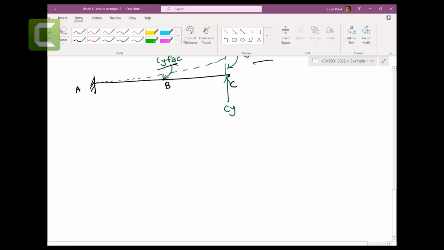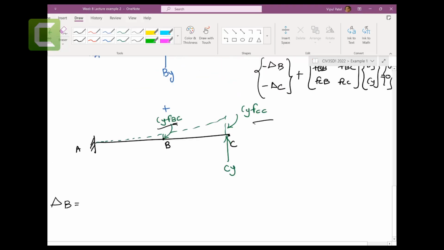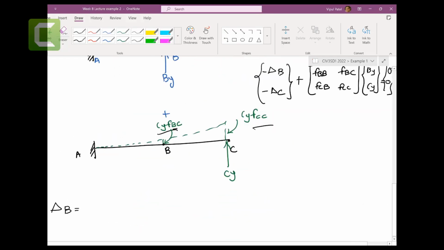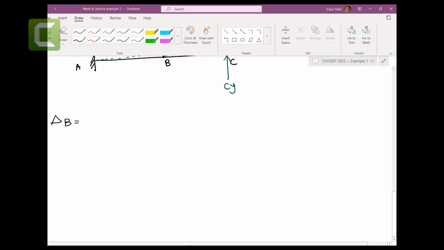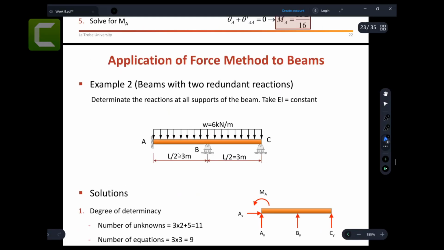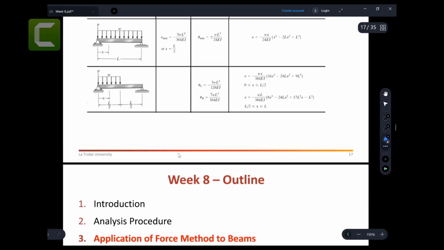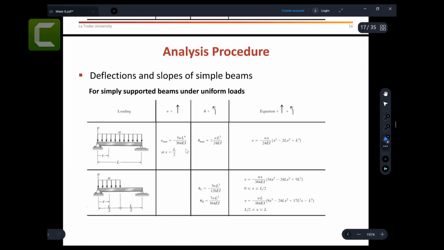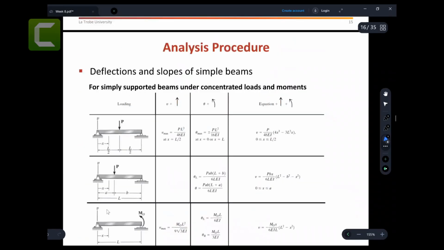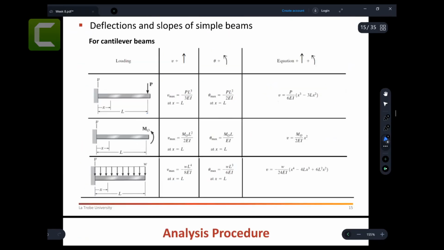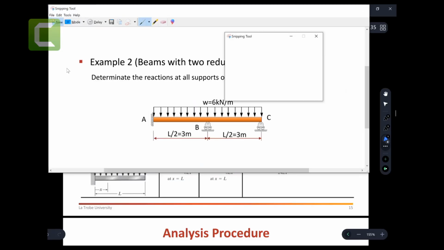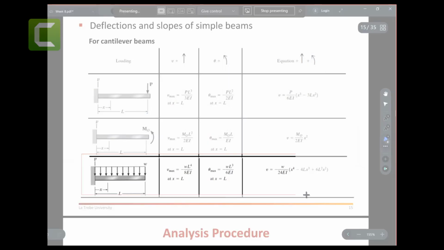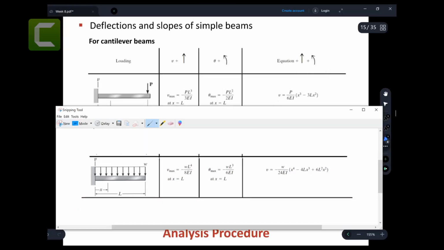Let's start working, because we need to find the deflection delta B first over here. For that deflection delta B, we have equations that we can use. I think this is not it, we need a cantilever. Oh, here you go, cantilever one. Let's get that equation, copy.